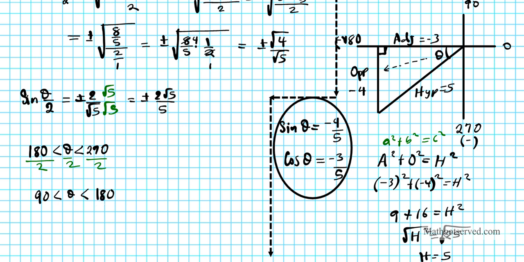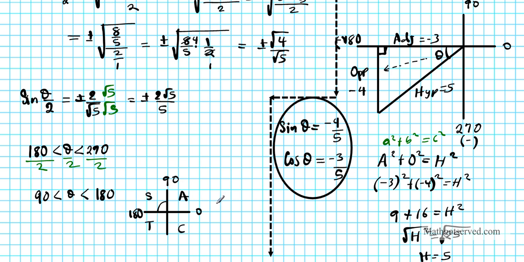All right? So looking at this, we draw a coordinate system. And then we have to figure out what quadrant we're at. 0, 90, 180. We're in quadrant number 2. Okay? So what does that mean? We know all students take calculus.